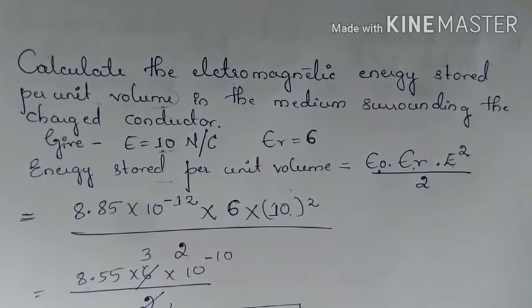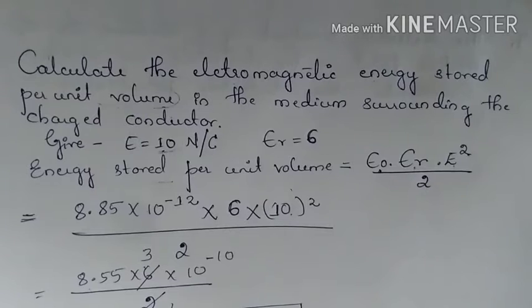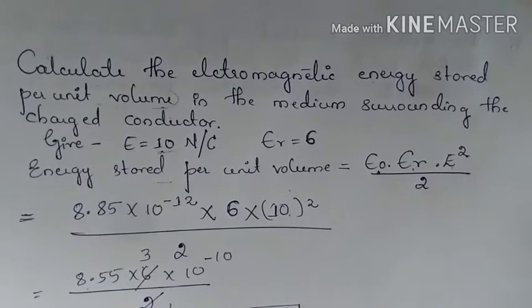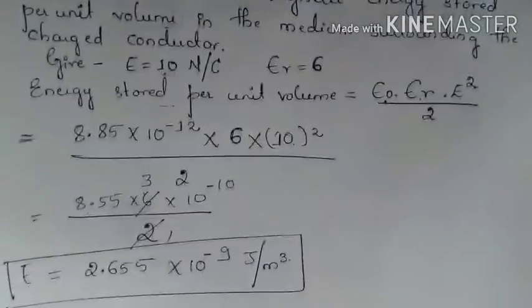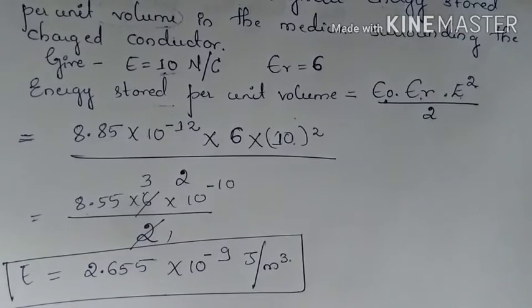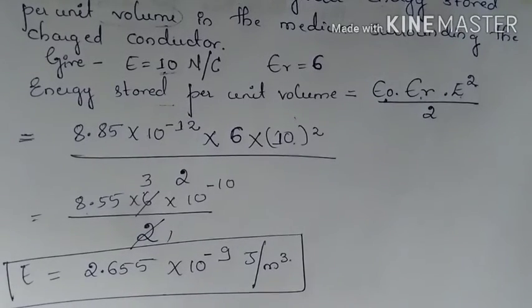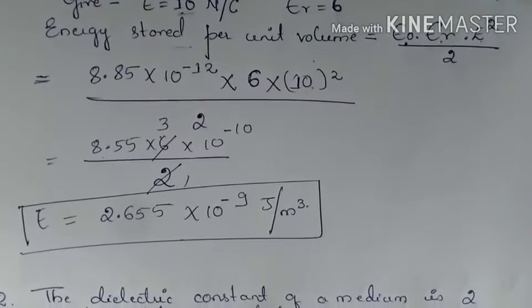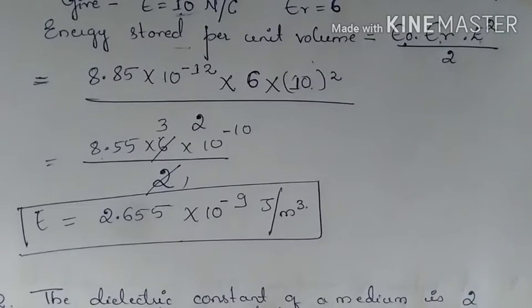So energy stored per unit volume is equal to epsilon naught into epsilon r into E square by 2. Now you know all the values for epsilon naught, epsilon r and E.